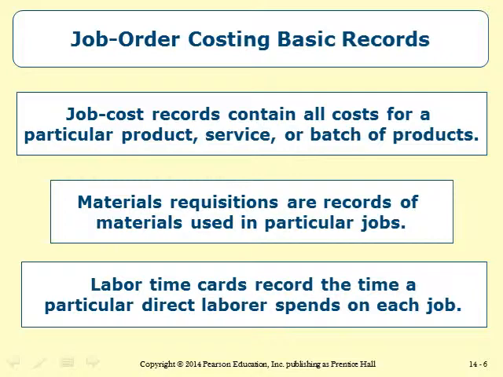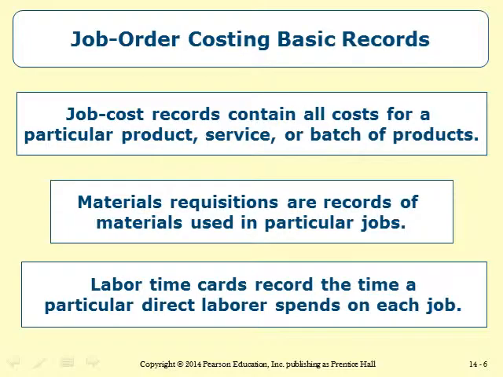A file of completed job cost records comprises the finished goods inventory account. The job cost record summarizes information contained on source documents such as material requisitions and labor time tickets. Material requisitions are records of materials used in a particular job, and the labor time tickets or time cards record the time a particular direct laborer spends on each job.